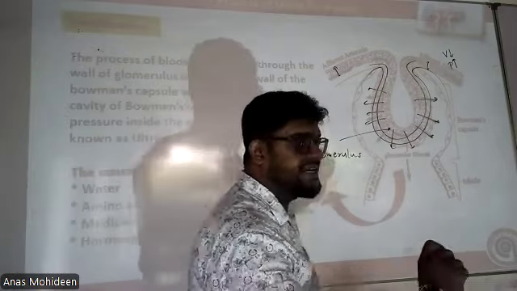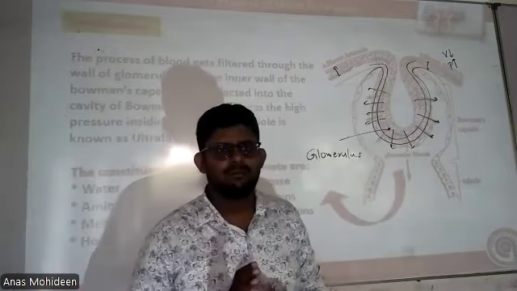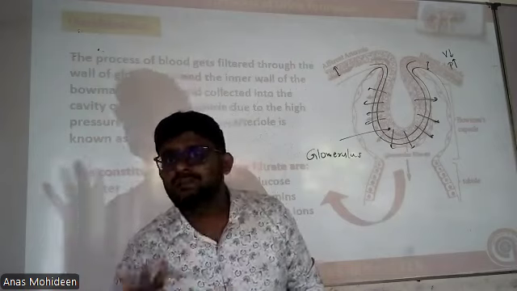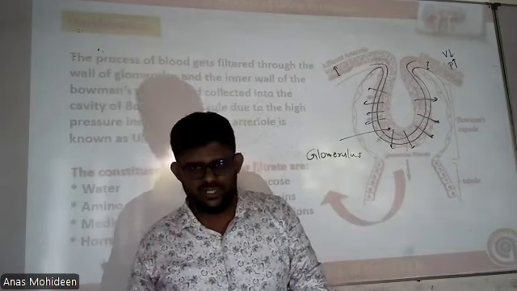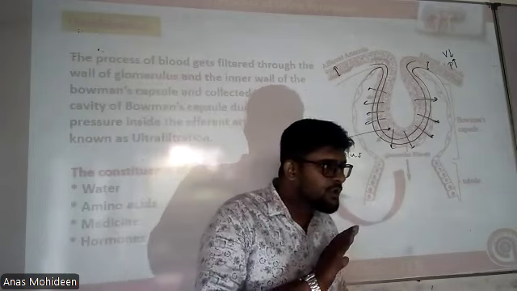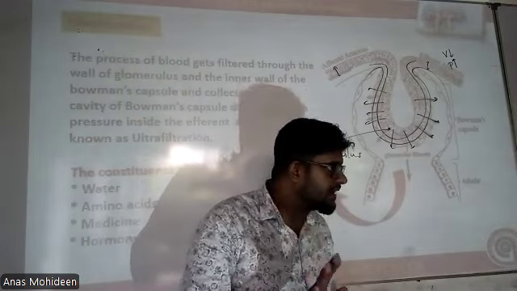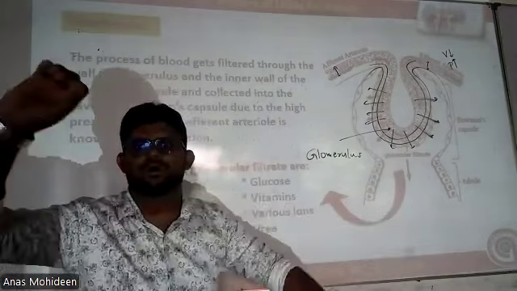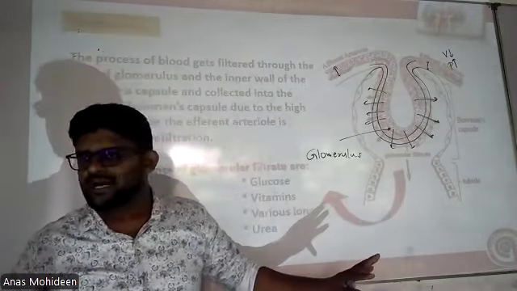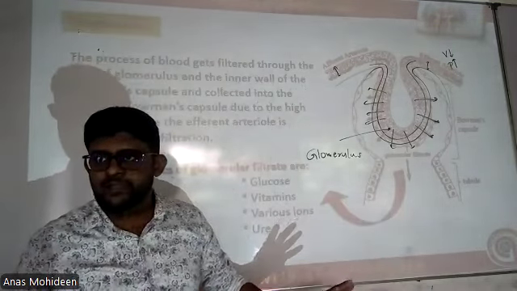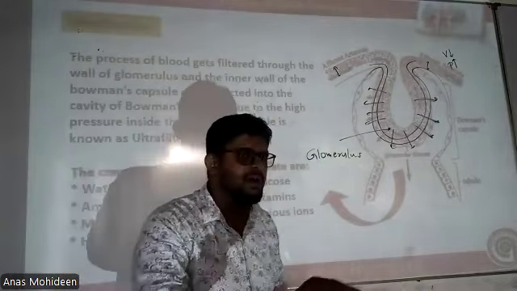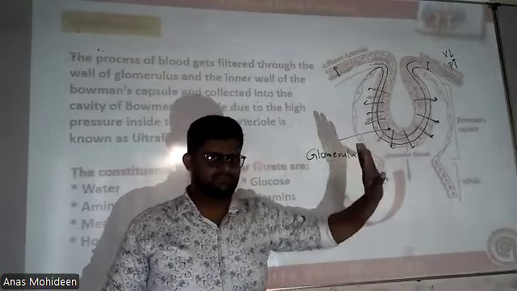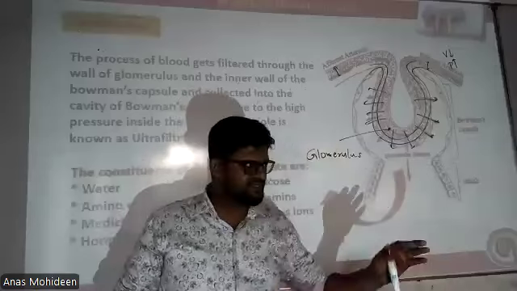Strictly, it does not contain blood cells. Remember, within the glomerular filtrate there are no red blood cells and no plasma proteins. If they are present, you have a problem in this filtration. It is a disease condition.